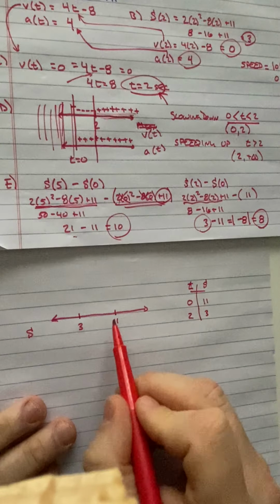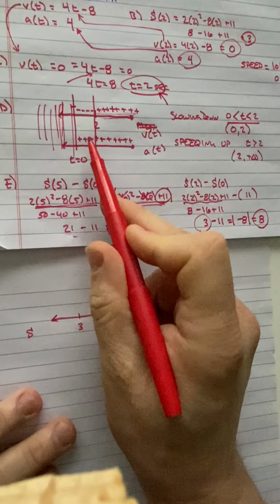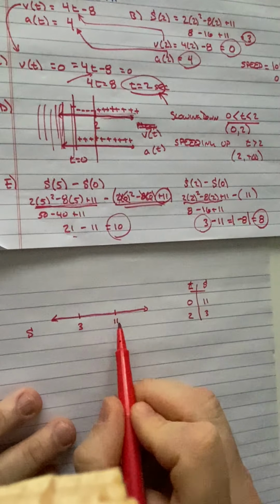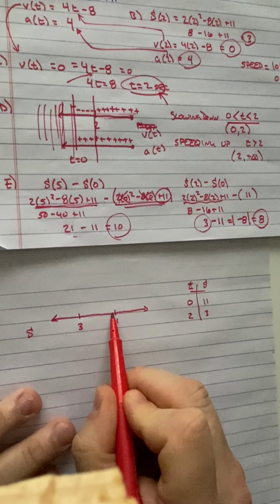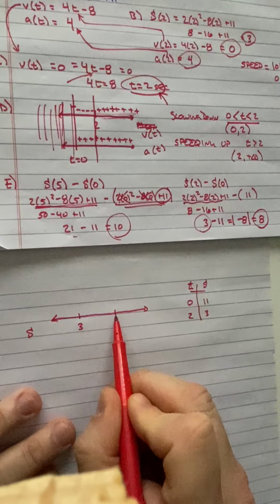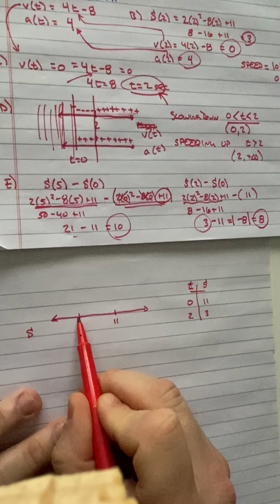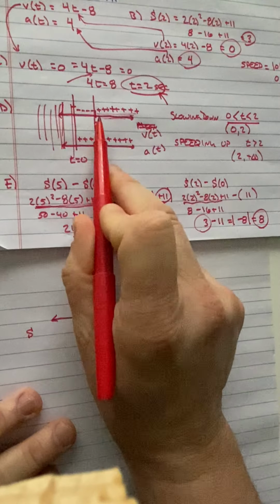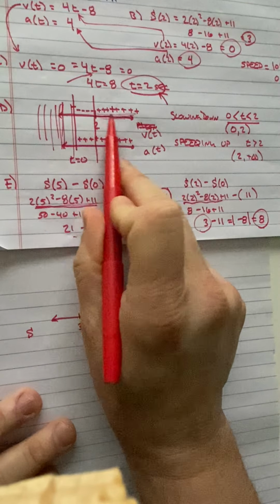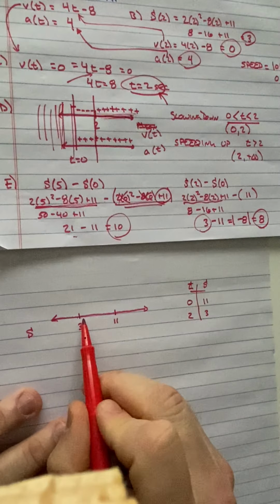Then, the idea of the travel of this particle, for the first 2 seconds, it's going left. So this particle starts at 11 and goes left until it hits 3. It's slowing down along the process, and then it hits 3. As soon as it hits 3, it turns and changes direction. It goes back to the right, and it's speeding up.